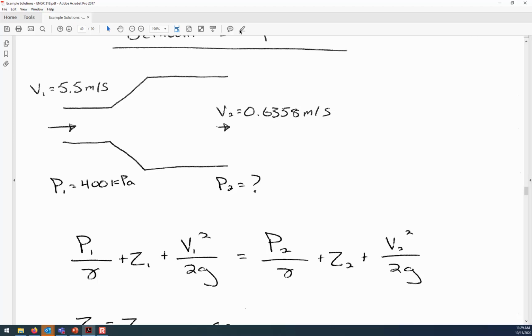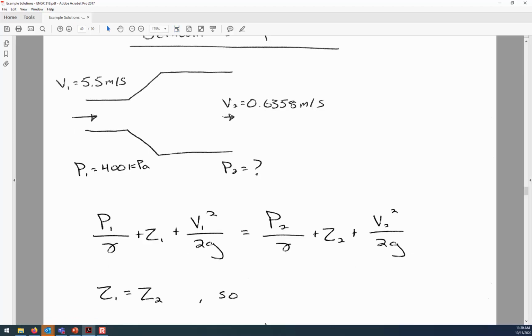And so just starting with a little bit of algebra here, just rearranging the equation after we say that the two elevations are the same. If this is my location 1 and this is my location 2, they're both in the middle of the pipe. So I'm following the expectation of Bernoulli's equation that we apply this along a streamline.